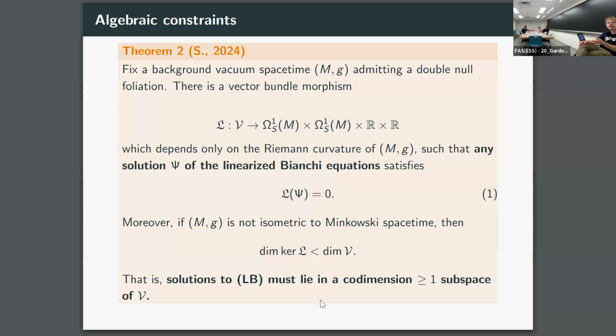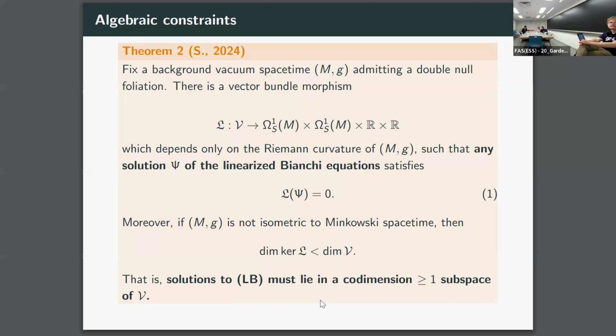And they studied the dynamics and the asymptotic behavior of solutions to these linearized Bianchi equations. And so one might be interested in doing so on other background spacetimes. And a priori, you would be able to study solutions that lie in this calligraphic V space, this full solution space. But what this theorem says is there's actually some strict subset of codimension at least one that your solutions have to lie in.